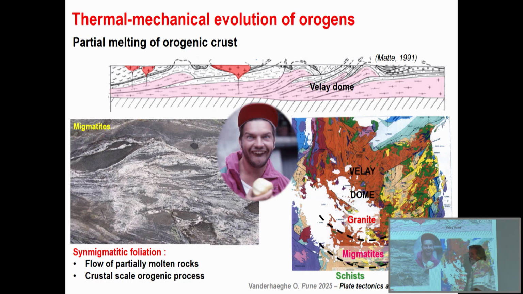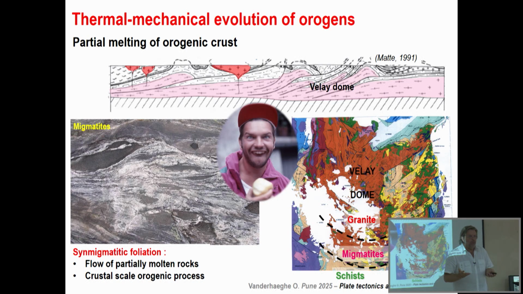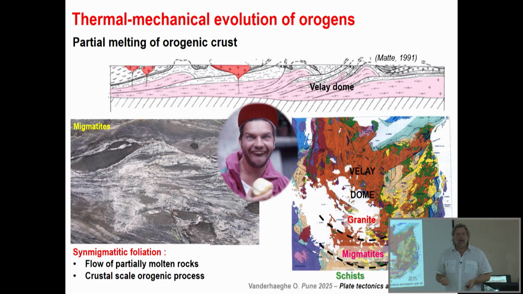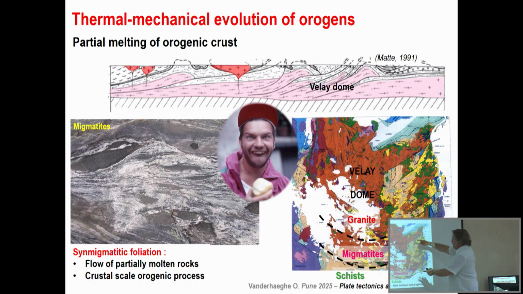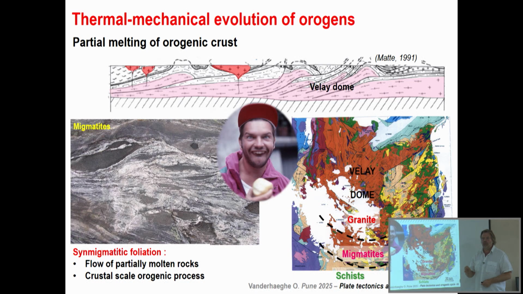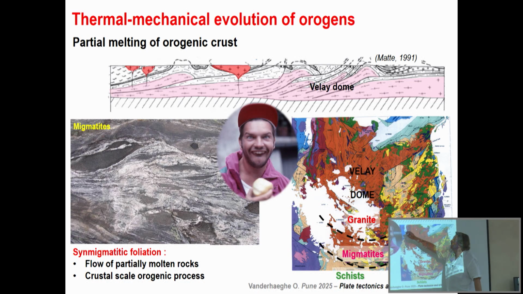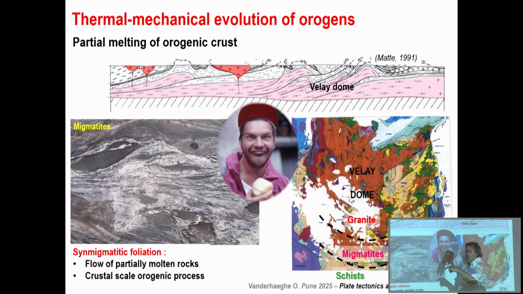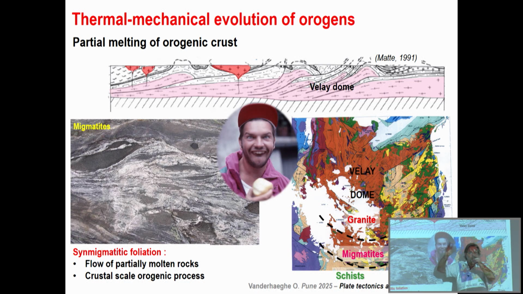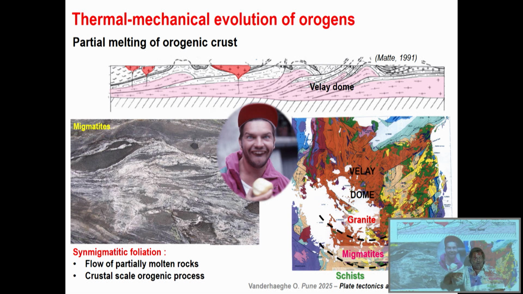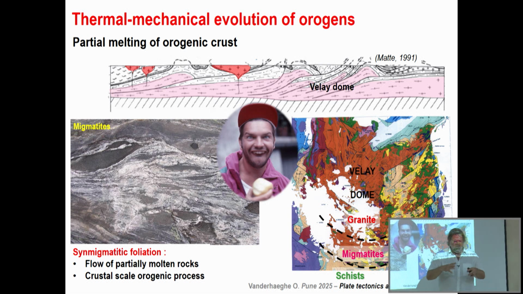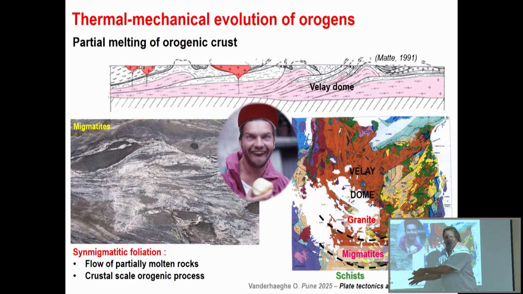100 kilometers. So I tried to do the first cross-section of this area, and I realized, wow, this dome is 3 times the crustal thickness. This has to be a crustal scale process. It's not something that is just a granite coming from nowhere. And Matt is describing like this: granites are kind of disturbing the picture, so we try to avoid them, not to see the real rocks, the ones that are important, the metamorphic rocks.